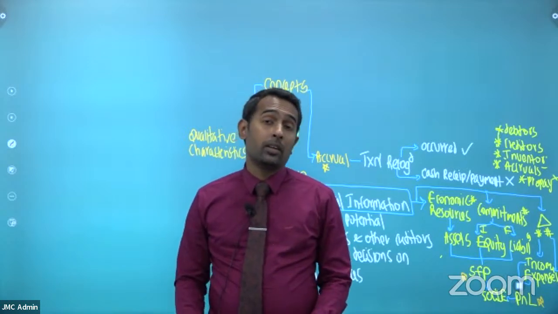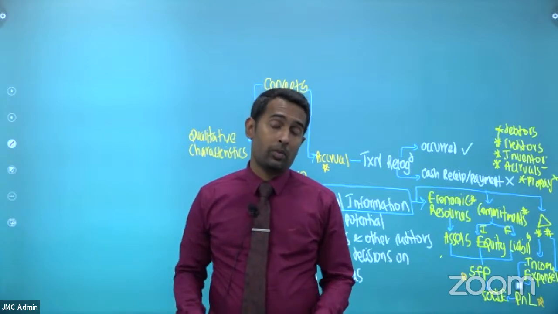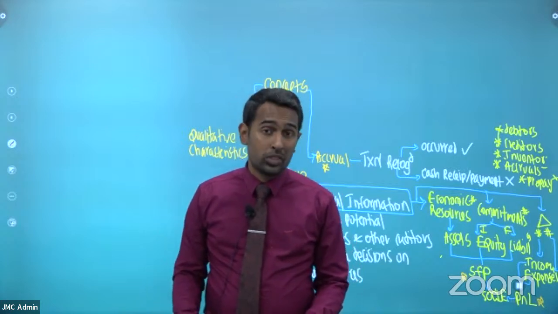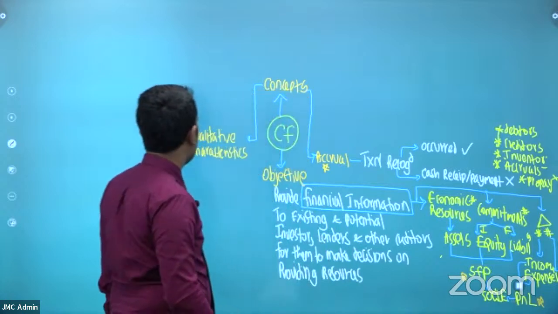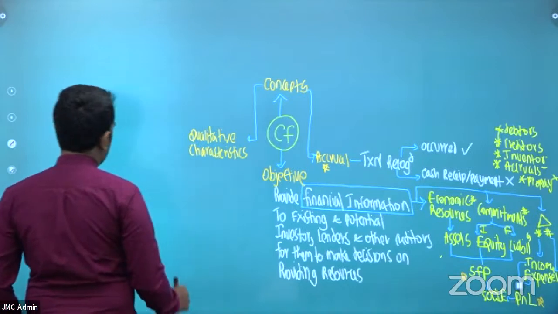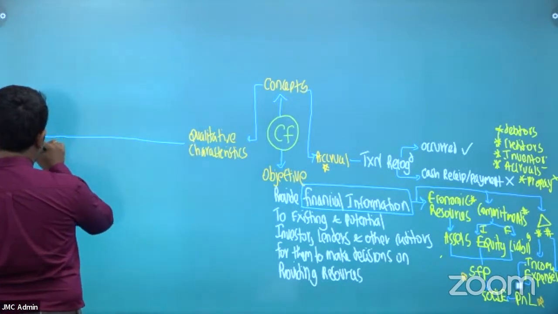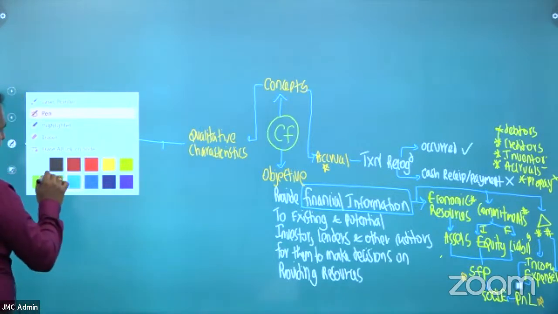So always remember, we as accountants have a public duty to provide quality information to the financial statement users, because they're totally relying on us. Now, these qualitative characteristics are generally divided into two types. Let me take them one by one.